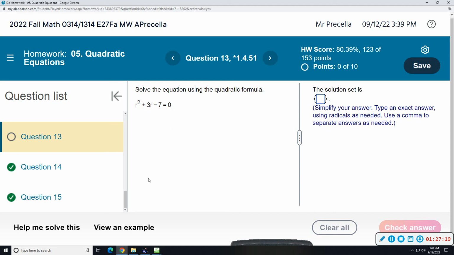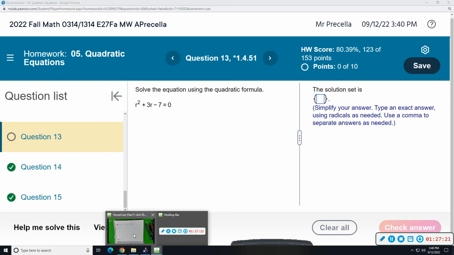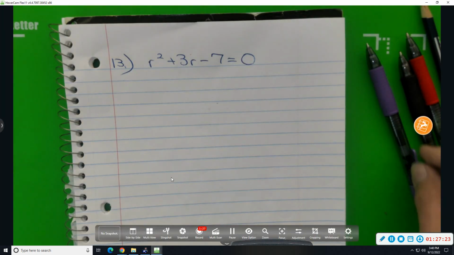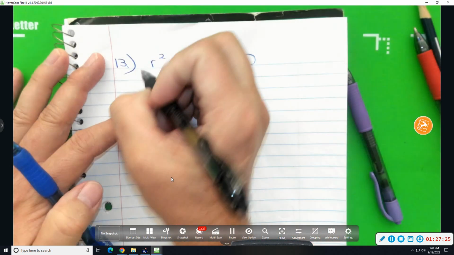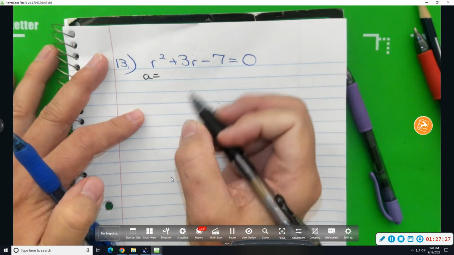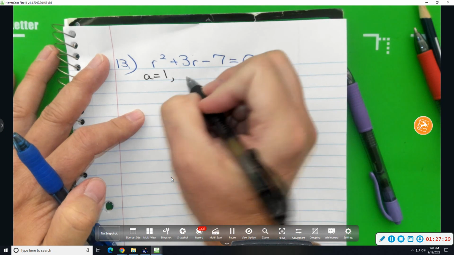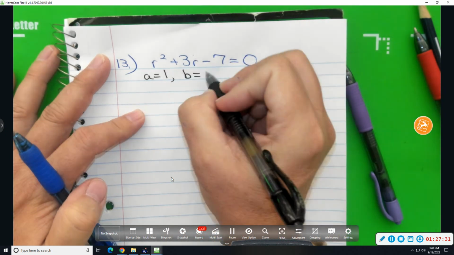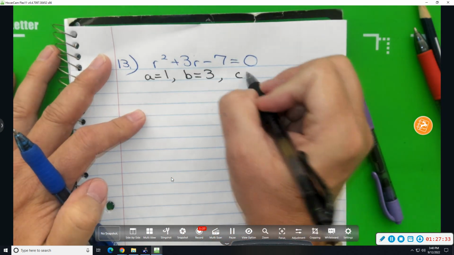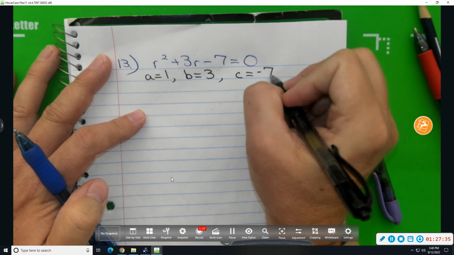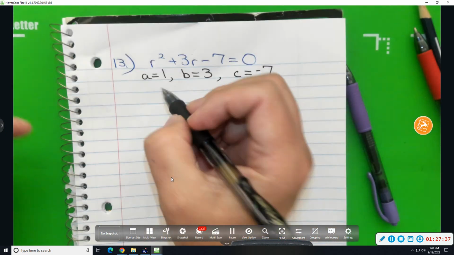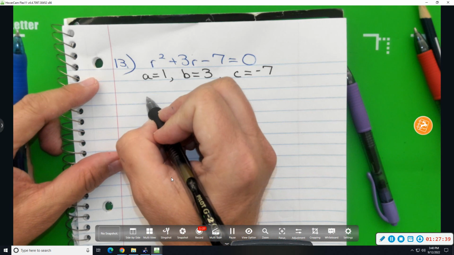And you switch over. Let's write out A, B, and C. Okay, y'all tell me. A is equal to 1, good. B is 3, I agree. And C is -7. And we write out our quadratic formula.